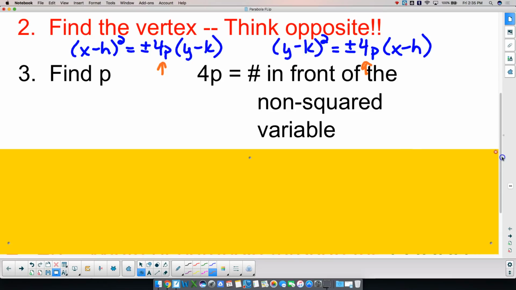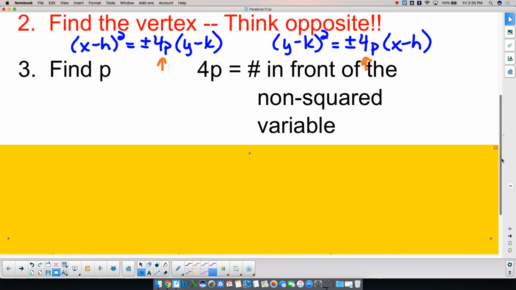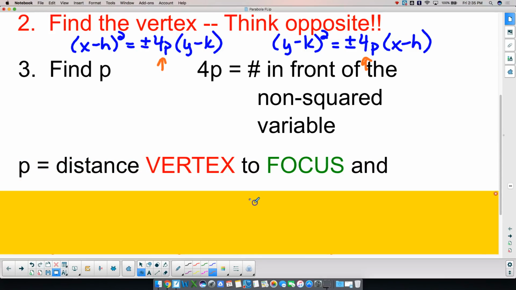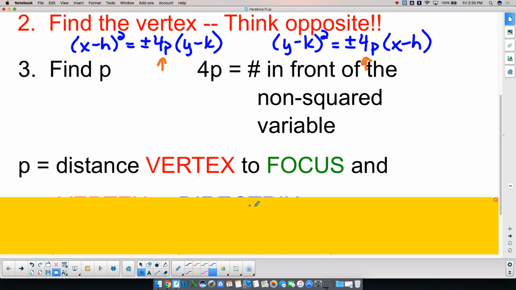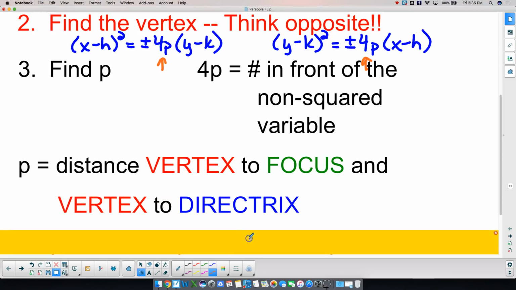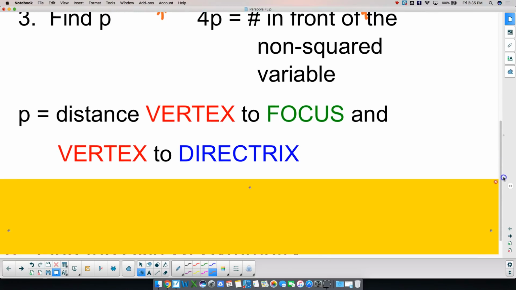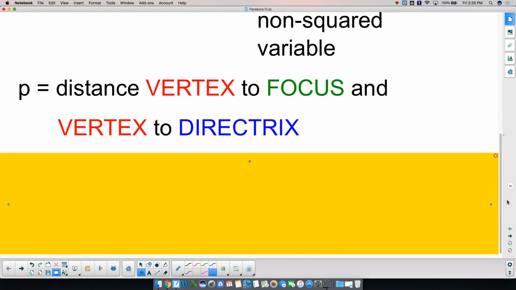It could be positive, it could be negative, but for us, we only care about the positive because it's a distance. And that p, divide both sides by 4, and p is going to give us the distance from the vertex to the focus, and p is also going to give us the distance from the vertex to the directrix.